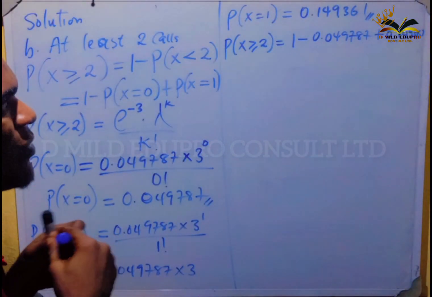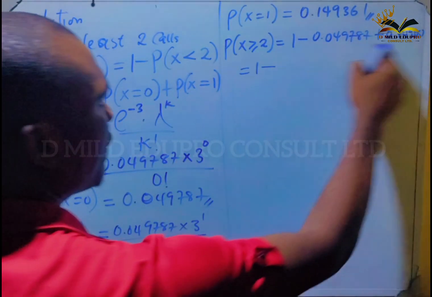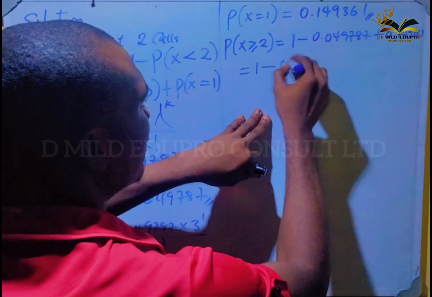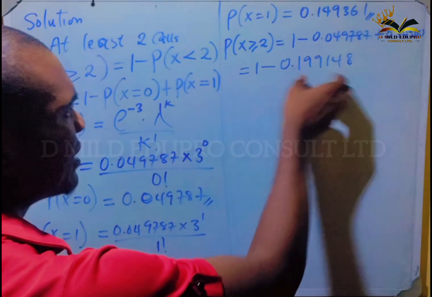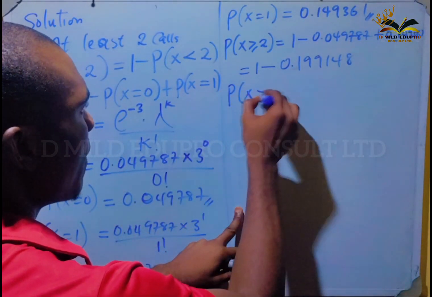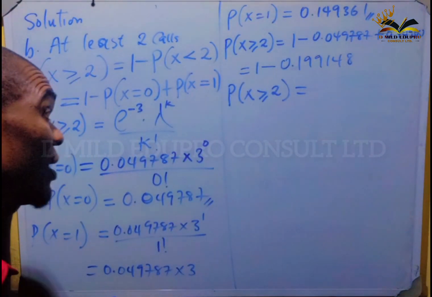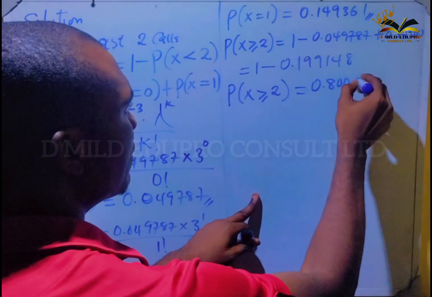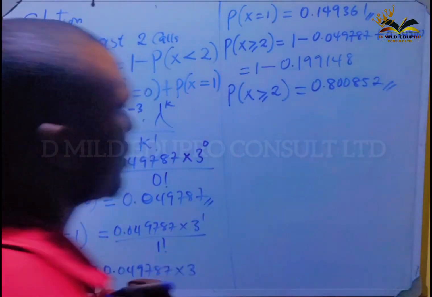So we're going to bring them together. If you add all these together, you have 0.199148. When you subtract this from 1, you are going to have 0.800852. So this is what you are going to get for at least 2 calls.